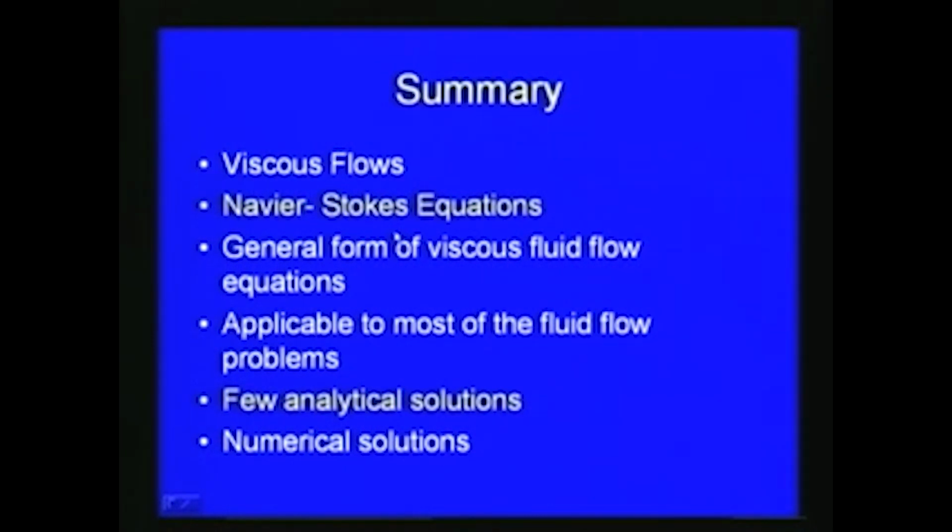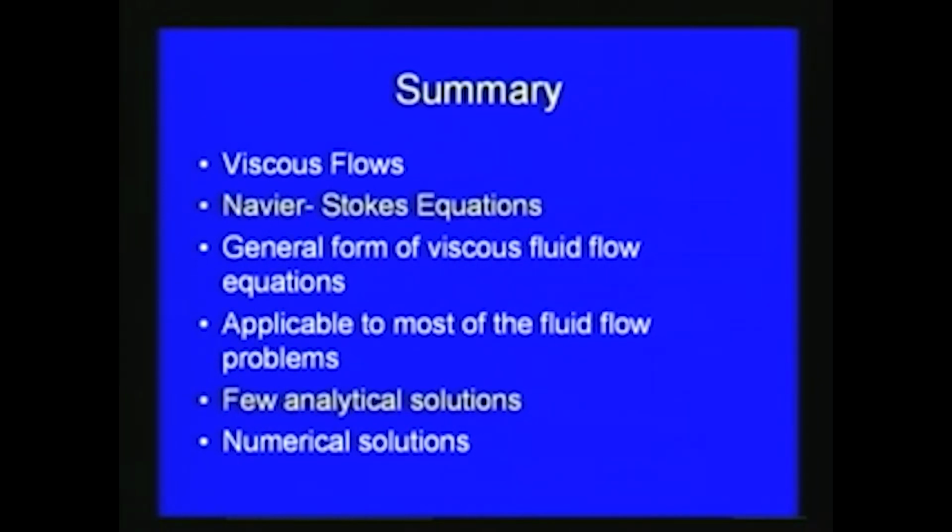To summarize this chapter, we have seen the derivation of the Navier-Stokes equations, and exact and numerical solutions. Most of the flow problems which we consider in practical cases or real life are viscous flows, so we have to consider viscosity, which can be Newtonian or non-Newtonian depending upon the problem.